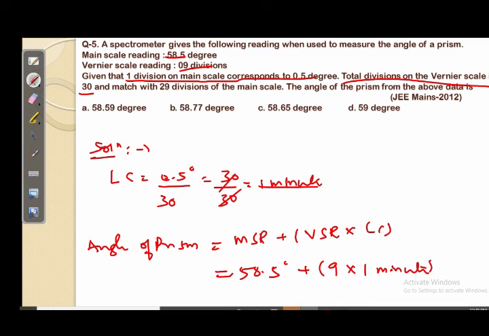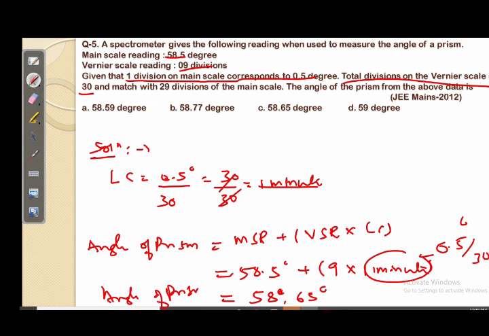That can also be taken as 0.5 divided by 30, as per your choice. So the final answer after calculation is 58.65 degree. So this is the angle of prism.